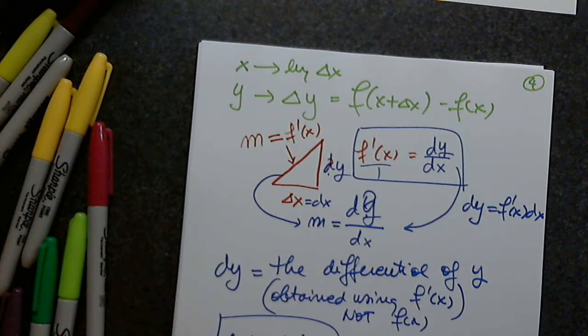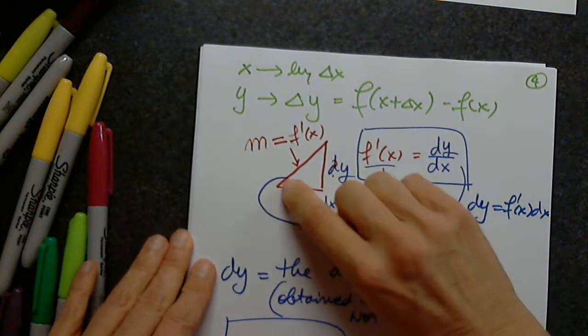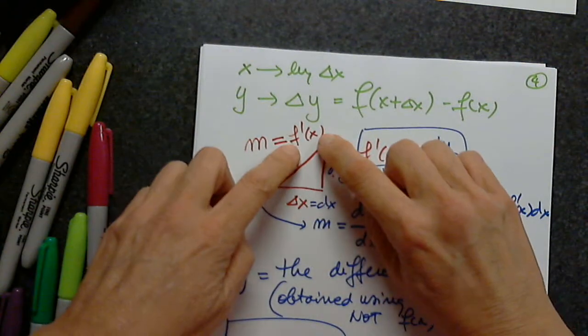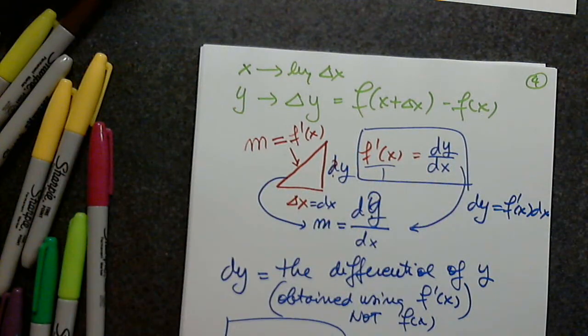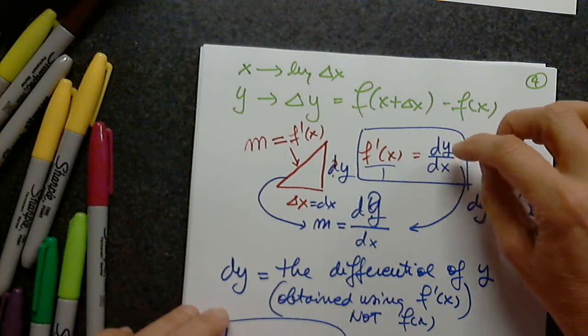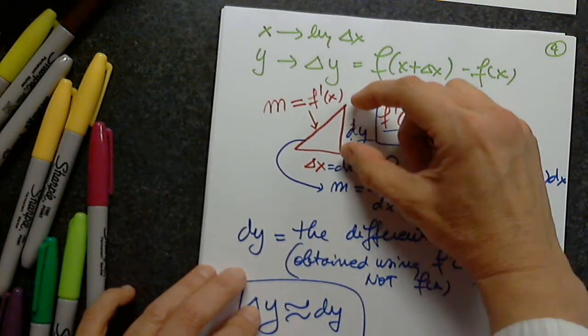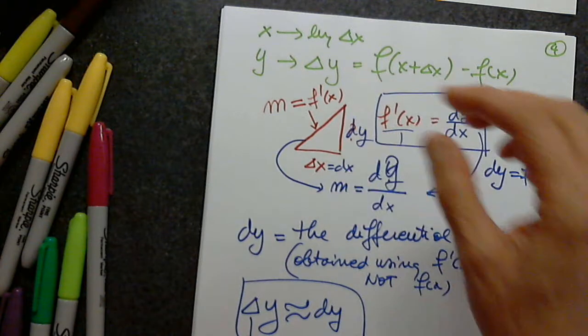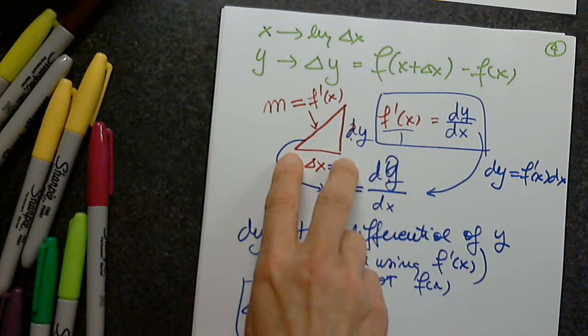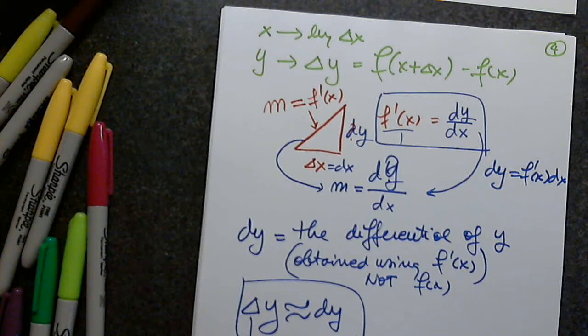But that's what it is. The slope of this line is f prime of x, and it can be rewritten using Leibniz notation, where dy is the differential in y, the change in y triggered by a minor change in x, and dx is the actual change in x.